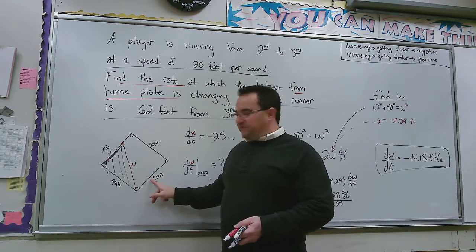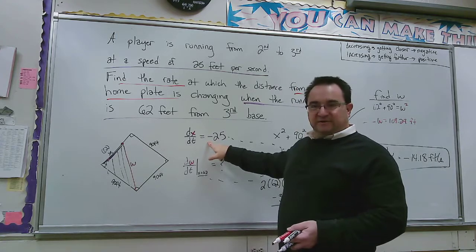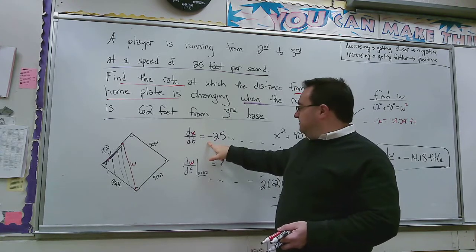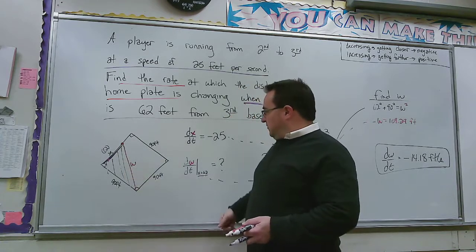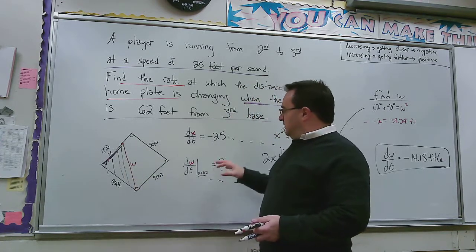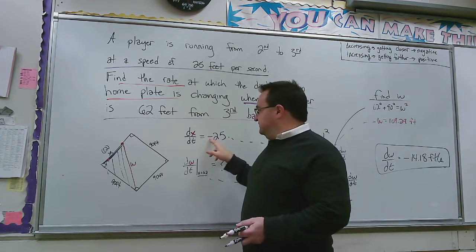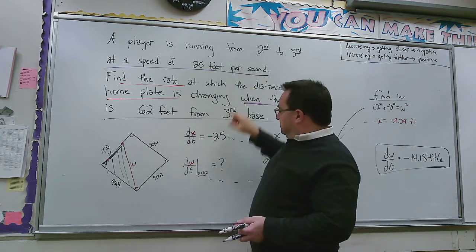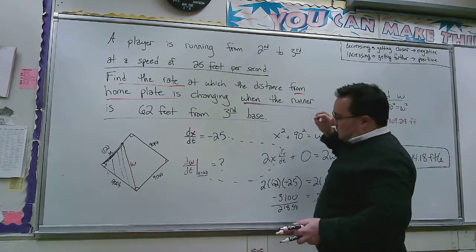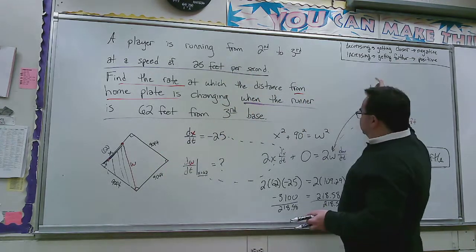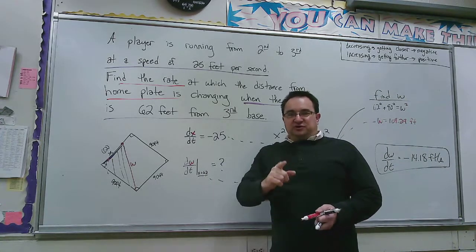And be careful about that, because if they're running this way, remember that's going to be a positive speed because they're moving away from home plate. Anyways, you've got to be careful about the distances, right? You've got to read the words. Is the distance they're talking about decreasing, negative, or is it increasing, positive? All right, we'll call that good, and I'll let you get at those problems.